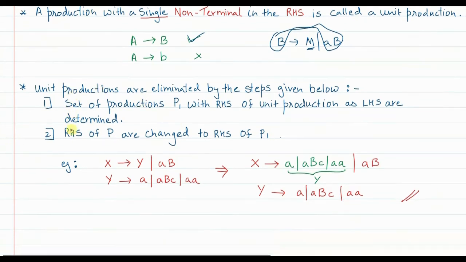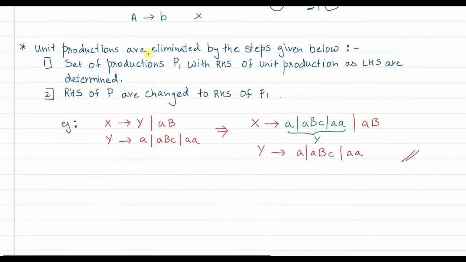Now let's see how unit productions can be eliminated. The unit productions are eliminated by the following steps. 1. The set of productions P1 whose left hand side is the right hand side of a unit production are determined, and the right hand side of P is changed to the right hand side of P1. To make it very simple, you need not read this.